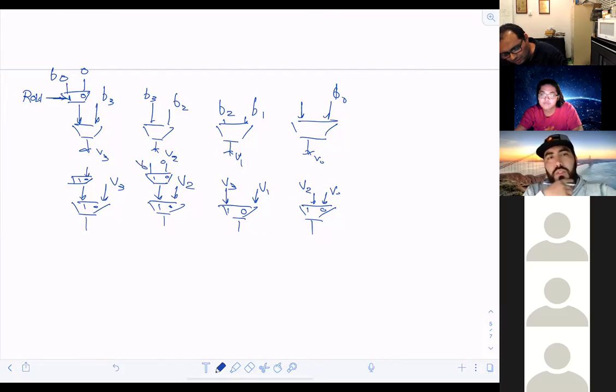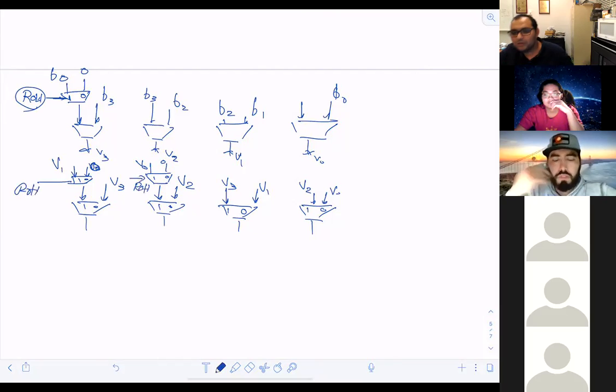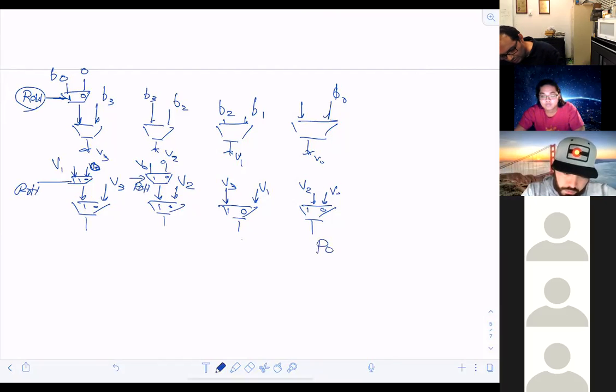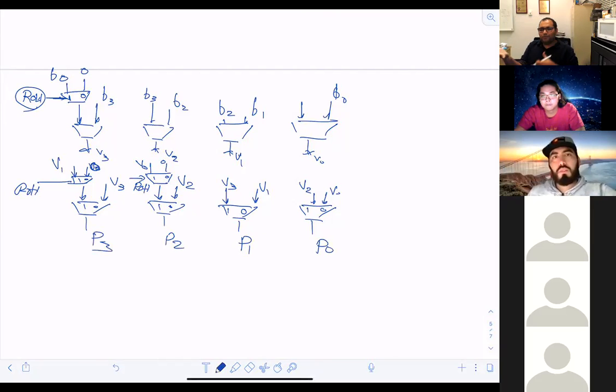Here we're gonna have V3, it's gonna be 0, and then V1. And it's gonna be the same signal, ROH. And then here P0, P1, P2, P3. So if you put ROH equals 0, that thing will be shifting right by 0. If you put it 1, that guy will rotate left and right.